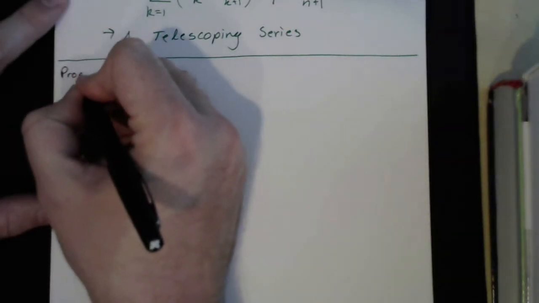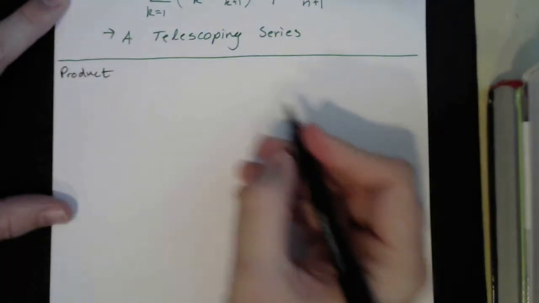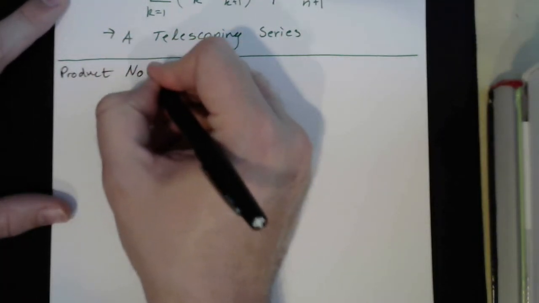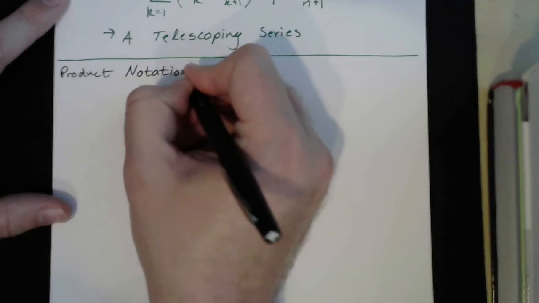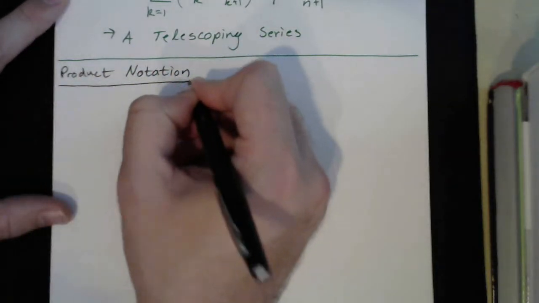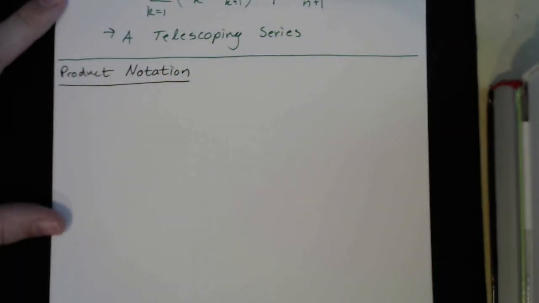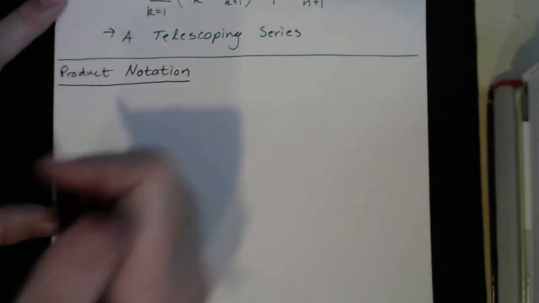This next little bit here is product notation. Now you may or may not, as I said at the beginning, have seen product notation before, depending on your professor. Some cover it, some don't.